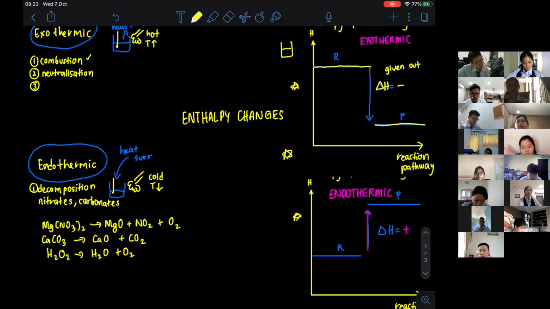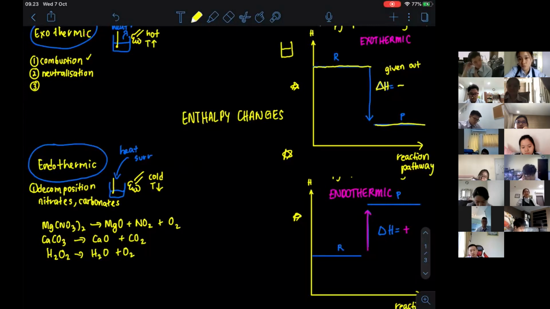Giving you carbon monoxide and water, for example incomplete combustion of a hydrocarbon, or giving you carbon and water, is also known as combustion. Even burning of fuel, or burning of ethanol, anything related to combustion is going to be counted under exothermic.